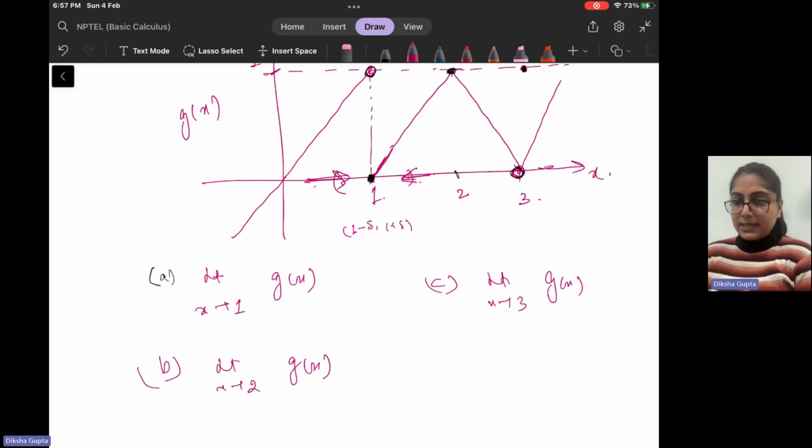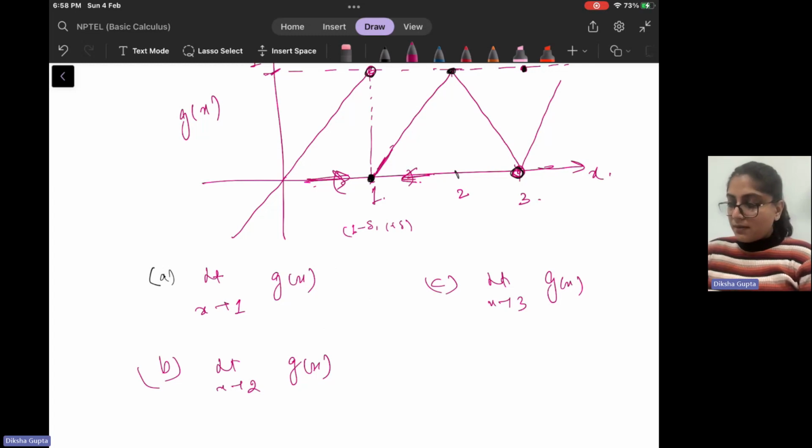We try to find this delta for a given epsilon, right? Now, from both sides, when x is approaching 1, the function should approach a unique point. If it does not, then we say that the limit does not exist. If it is approaching different points from different sides, then the limit does not exist.